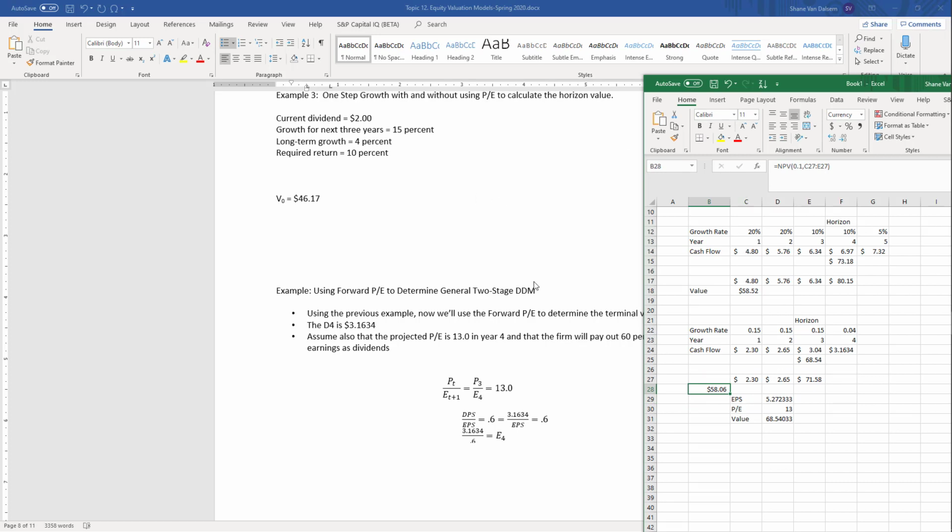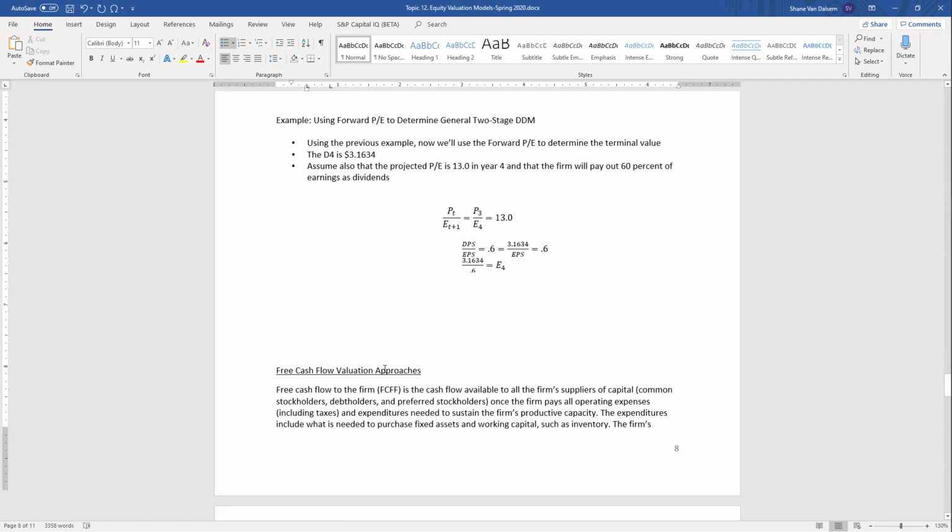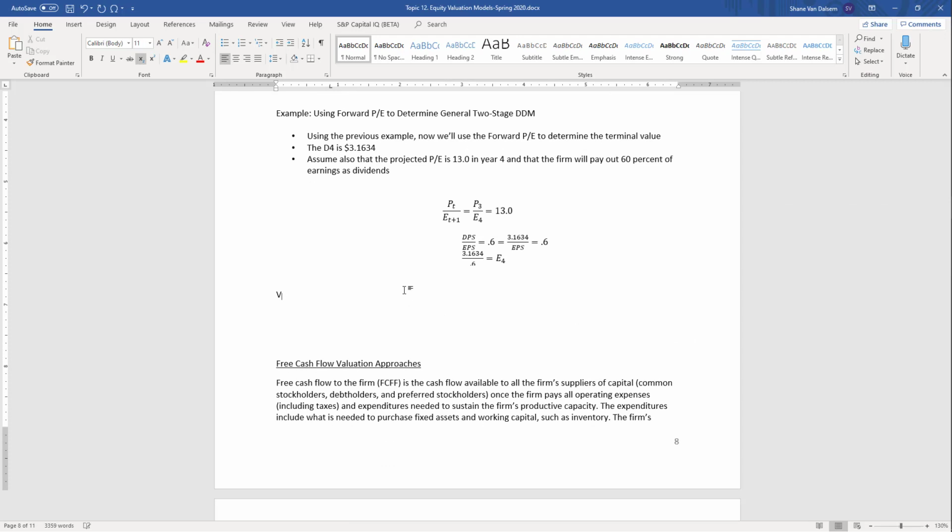And I get a value today of $58.06. Again, please let me know if you have any questions about that. There's another example of this in the practice problems for this topic area.